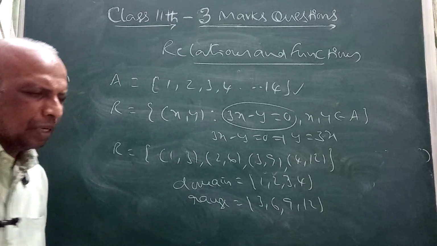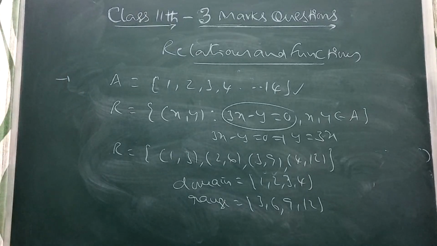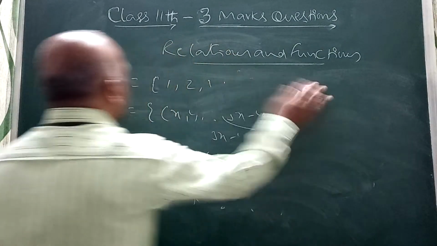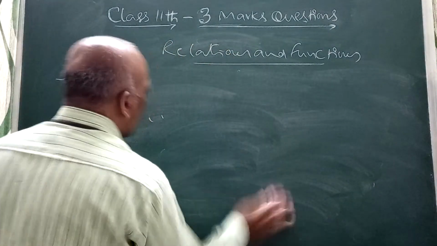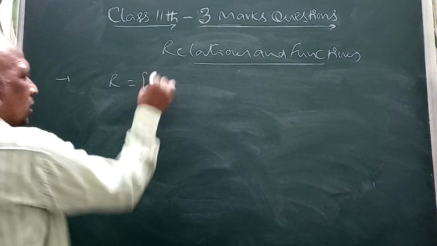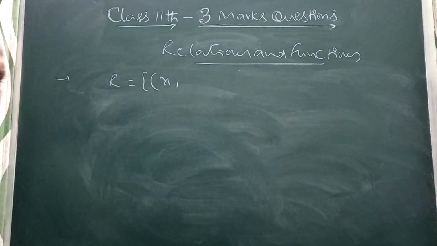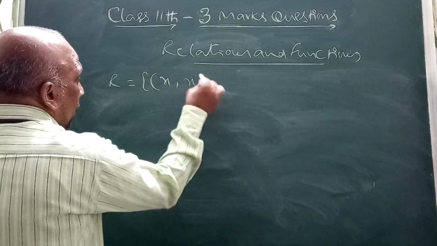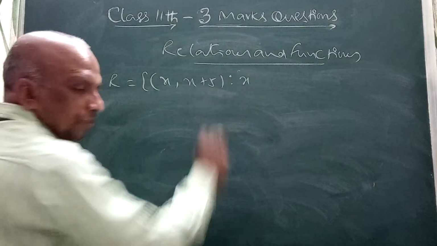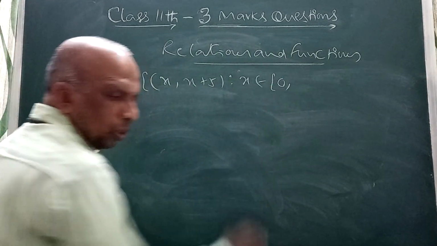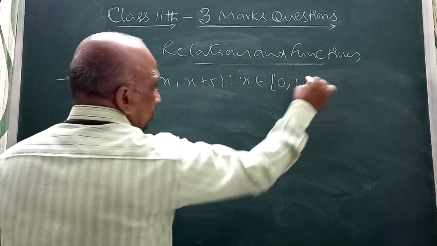Now next, another problem. I will discuss another one. Suppose we write the relation R is equal to the set of (x, x plus y), such that x belongs to {0, 1, 2, 3, 4, 5}.